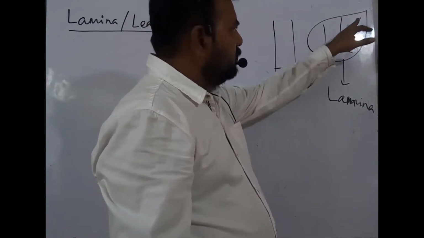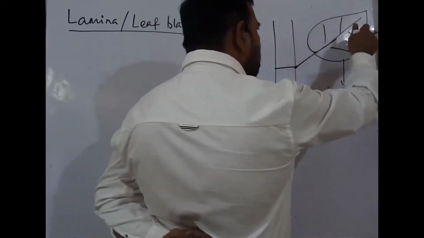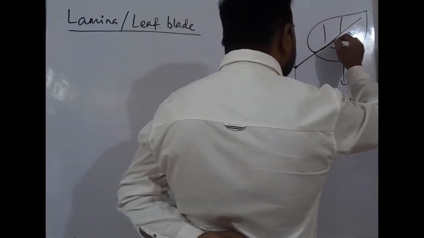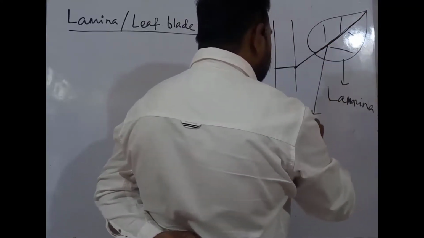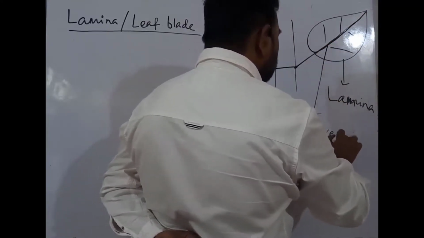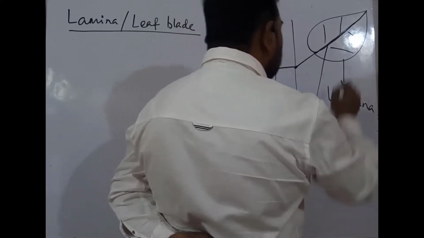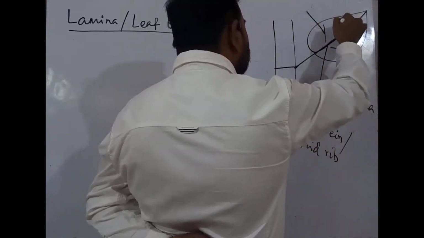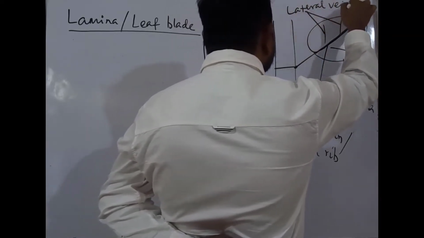It has veins, one prominent midrib is present, and many lateral veins and veinlets. This one is known as mid vein or midrib. And these are known as lateral veins.